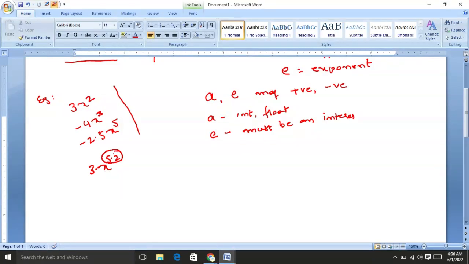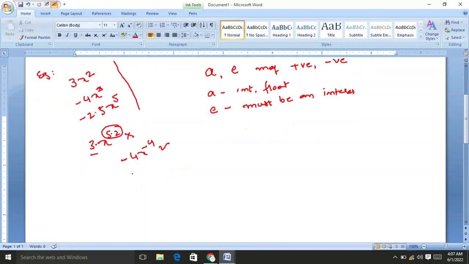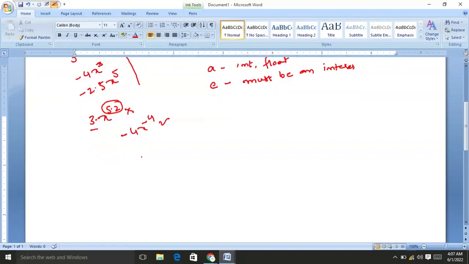This is not defined, so this is wrong. But minus 4x to the power of minus 4 can also be right. So the coefficient may be positive or negative, an integer or a floating point, but the exponent must be an integer. For example, the following are examples of polynomials.